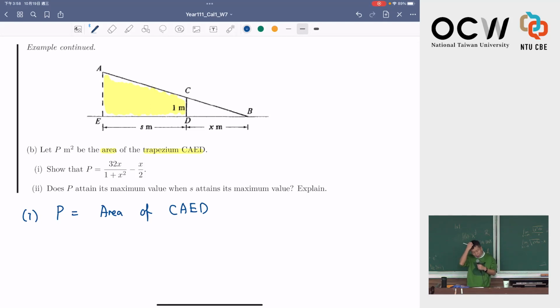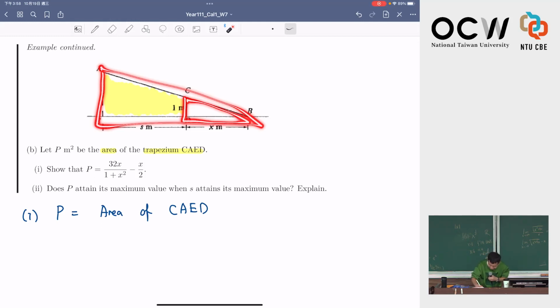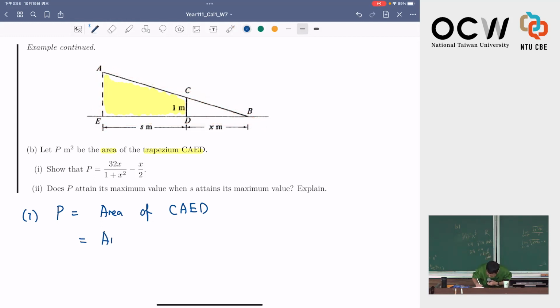But think about what you want to prove at the end. What you want to prove at the end is an expression like this. It's something minus something. So you probably can imagine that instead of computing this directly, you should write this as a difference of two areas, namely the area of the larger triangle minus the area of the smaller triangle. So area of AEB minus the area of CDB.